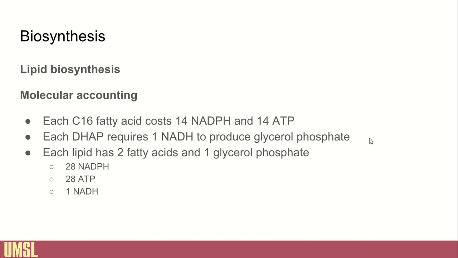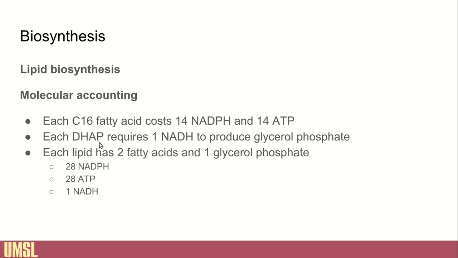So let's do a little bit of accounting. If we are going to think about palmitic acid again, that C16 fatty acid costs the cell 14 NADPH and 14 ATP. So essentially the number of carbons minus the 2 carbons you got for free from acetyl-CoA. Okay?